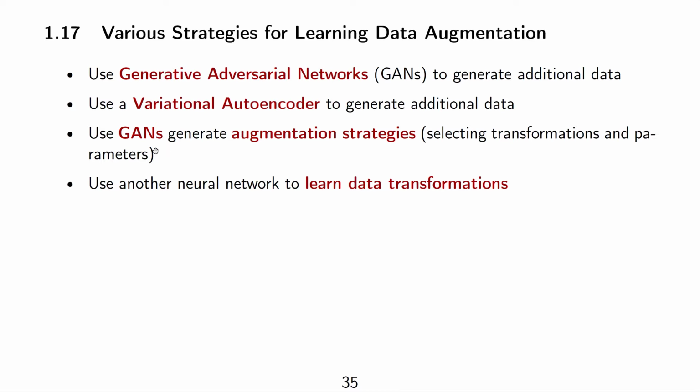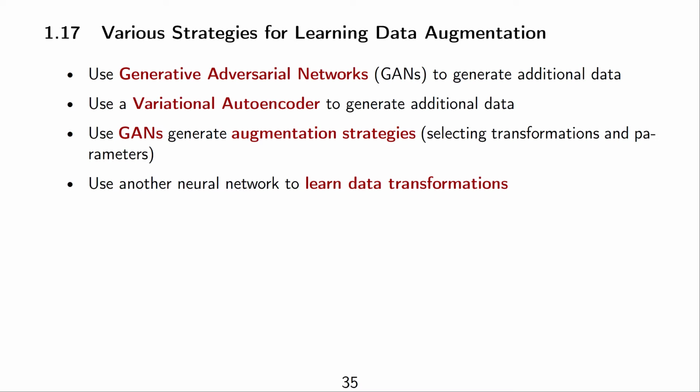These generative models, for example GANs, can not only be used to generate additional data, maybe they can also generate augmentation strategies, maybe selecting transformation parameters. And you could also have another neural network learn the transformations, so you feed in an image and it outputs another image.